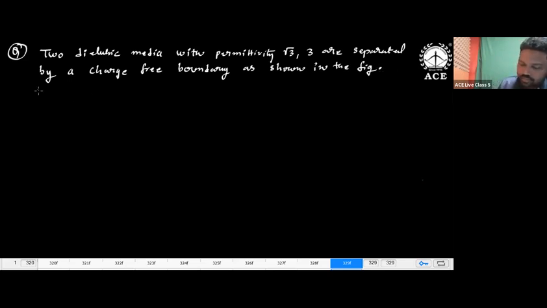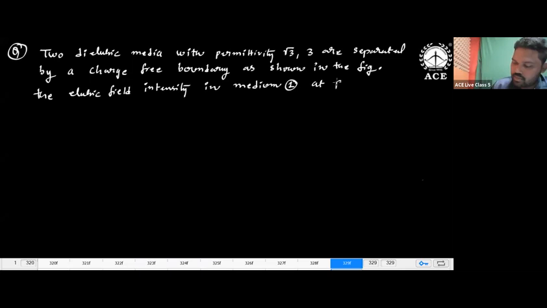The electric field intensity in medium 1 at point P1 has magnitude E1.